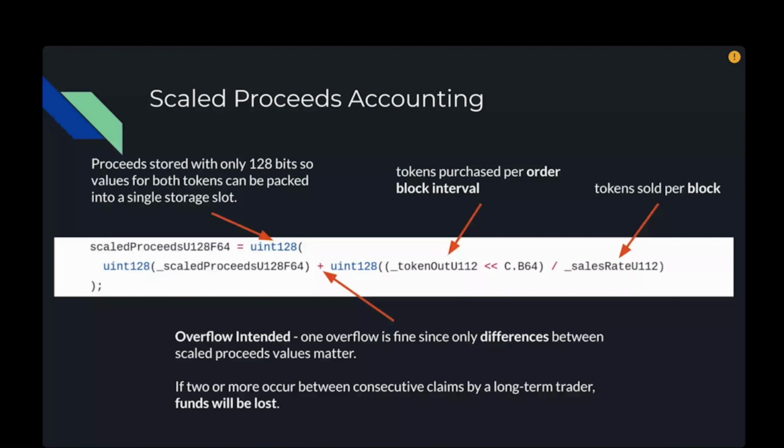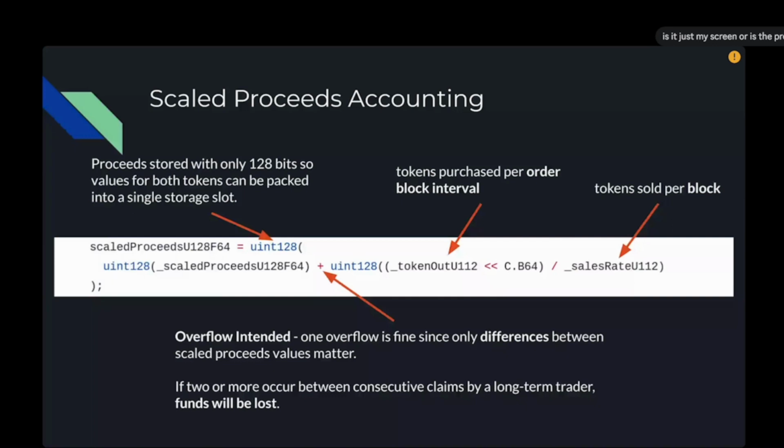If you've worked with any yield protocol, like Yearn or anything else that accumulates the earnings and then has to distribute them proportionally, you've seen some variant of this algorithm where you're tracking total earnings, in this case total purchases over all long-term orders.